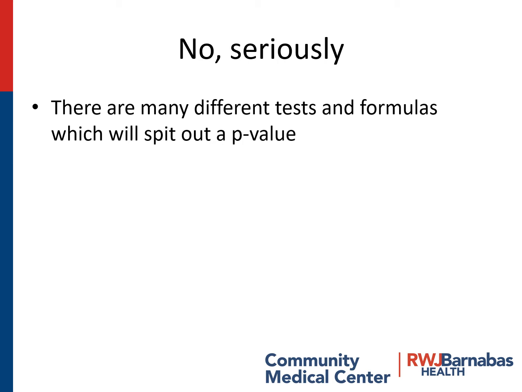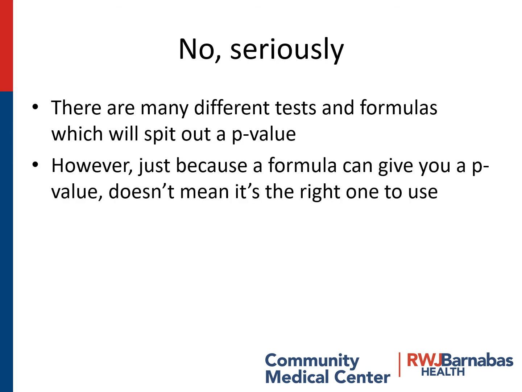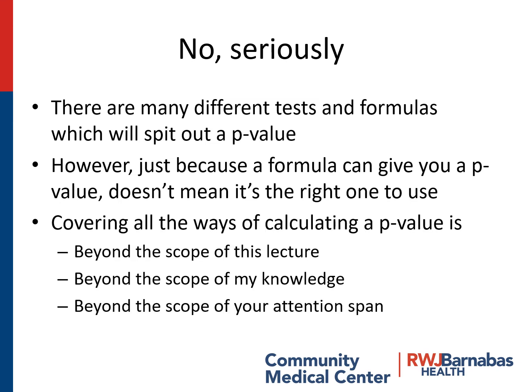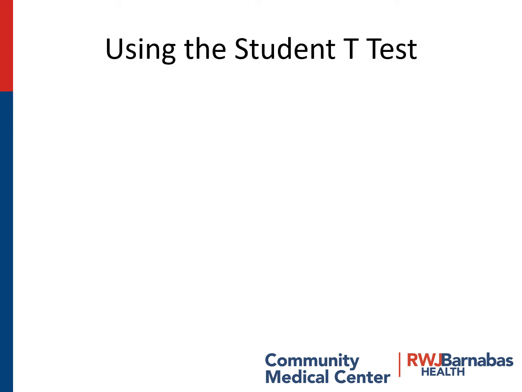So every statistics measure essentially can spit out a p-value. But just because you cranked some numbers and got a p-value doesn't mean it's the right formula to use. How to use the various p-value statistics formulas is probably beyond my knowledge. But we're going to cover at least one of them.